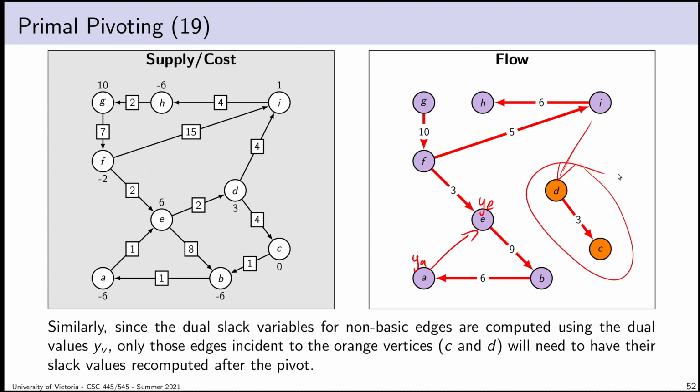We'll actually see in the next lecture that we don't even have to recompute all of those. Edges that are entirely trapped inside of the separated component don't need their dual slack variables recomputed. But for now, we'll just say we only have to recompute the dual optimization variables for the vertices that get separated by the leaving arc, and we only have to recompute dual slack variables for edges which have at least one endpoint attached to one of those orange vertices that got separated.